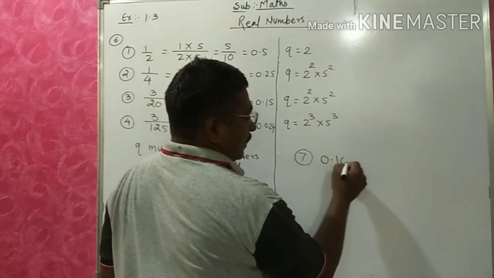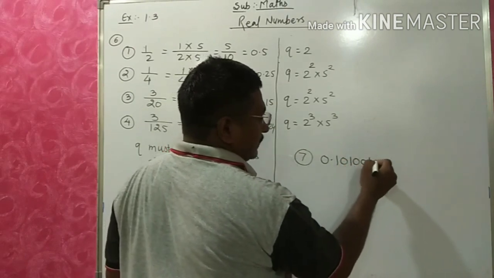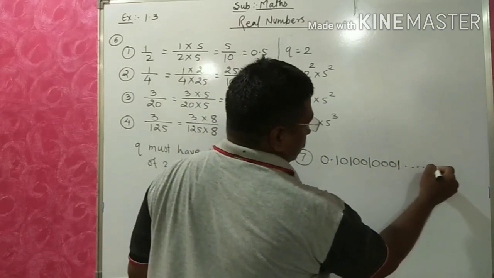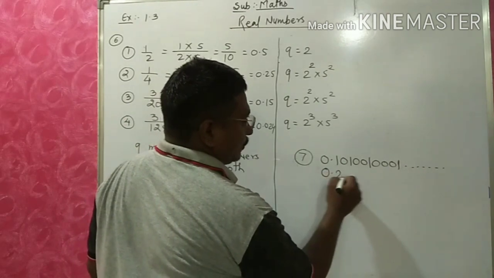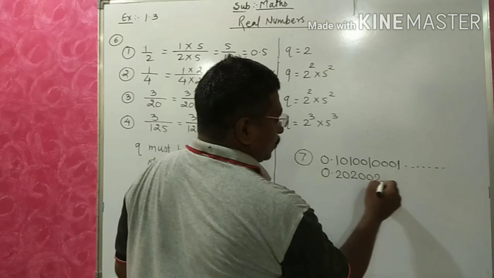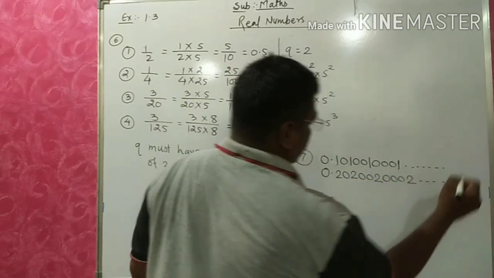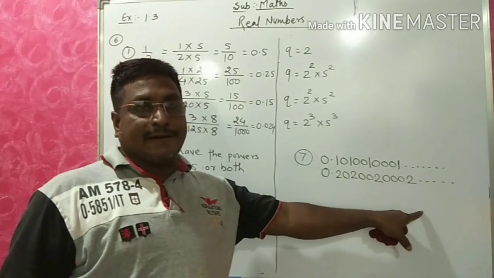0.10, 1, 20, 1, 30, 1, and so on. This is one number. 0.20, 2, 20, 2, 30, 2, and so on. Here it is non-terminating, non-recurring.